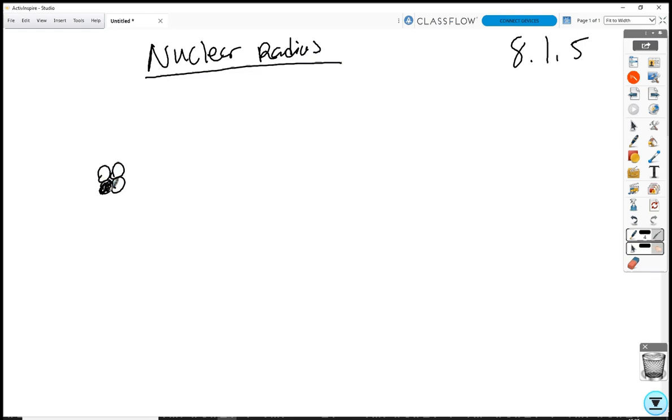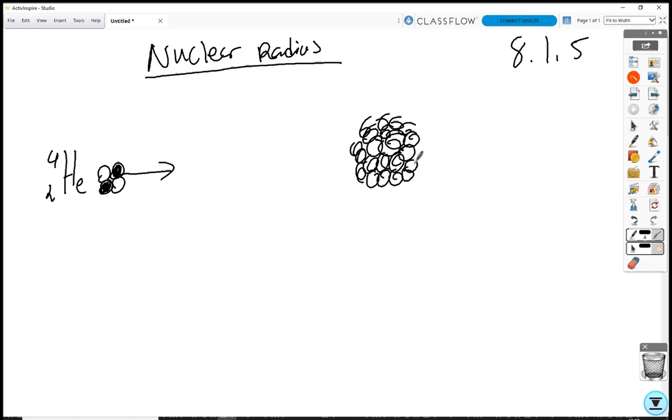So we'll draw our alpha particle with its 2 protons and 2 neutrons. So that's 4 2 He. And that goes towards a larger nucleus, of some arbitrary element.